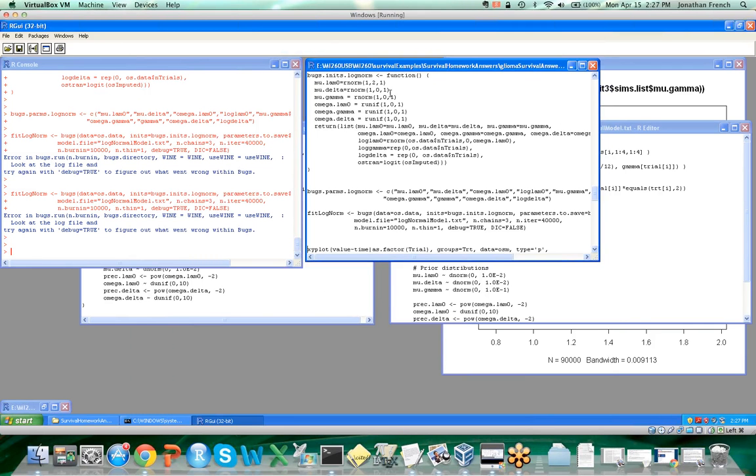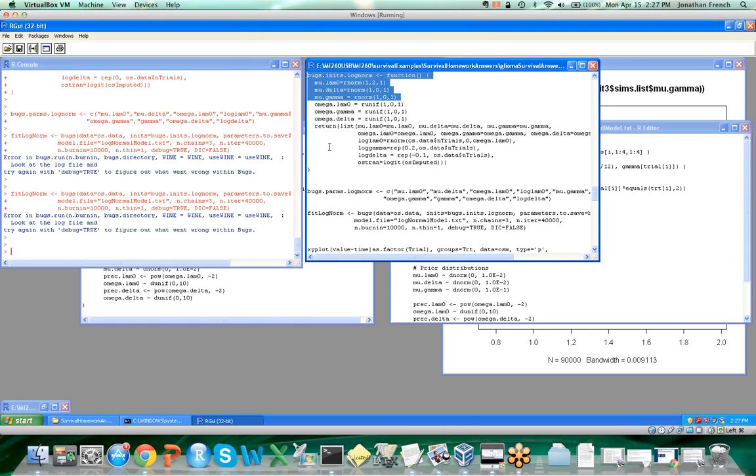Let's use slightly different starting values here. So we have omega, delta, starting gamma off at 0. Start that off with something that's a little bit closer to centered somewhere, and we'll start the difference off, to give us a slightly different set of starting values for our Markov chains.